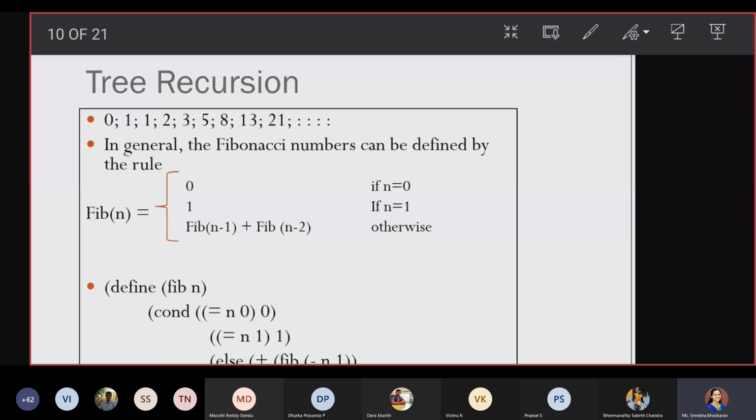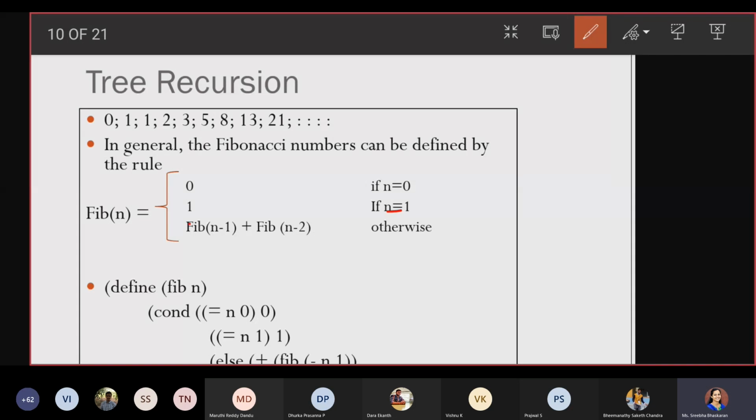If your n is 0, you can just return 0. If your n value is 1, then you can return the same 1 itself. If your n is not 0 or 1, if it is any other number, how can we get it?